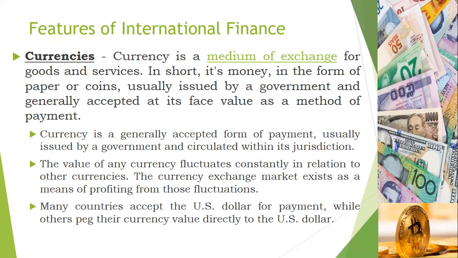So in addition, currency is the primary medium of exchange in the modern world. Before, it was bartering as a means of trading goods and services. In the 21st century, a new form of currency has entered the vocabulary, and that is virtual currencies, such as Bitcoin.